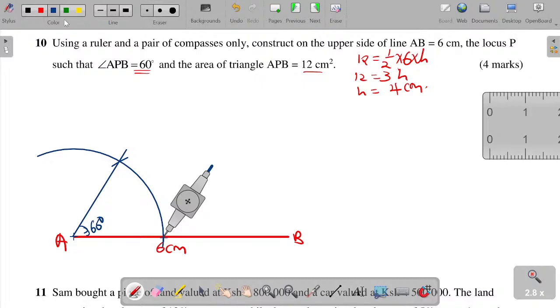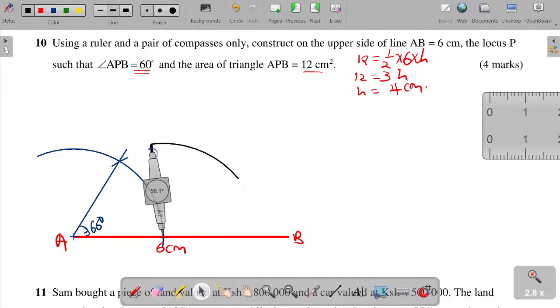And how am I going to do my bisecting? I extend my compass a little bit like that. I'm bisecting the 60 degrees in order to get 30 degrees. So you can see I've done my bisection. This angle is now 30 degrees.